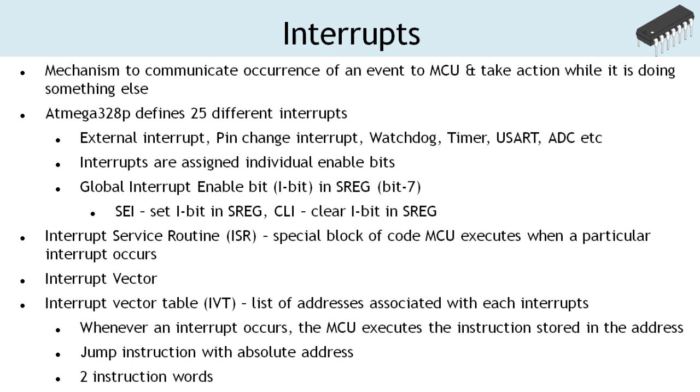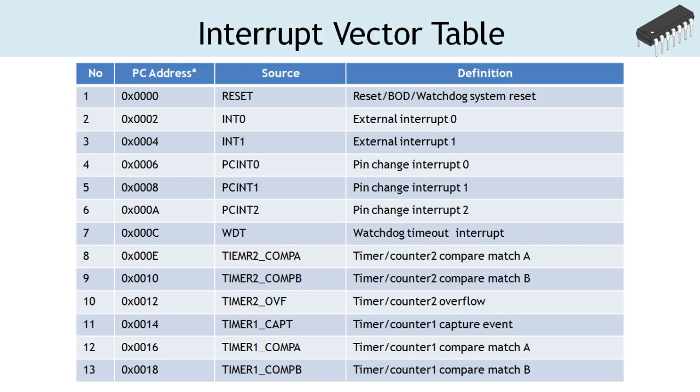The interrupt vector is 2 words long, that is 4 bytes for the Atmega 328 microcontroller, and contains a jump instruction with absolute address. The address points to the location of the corresponding interrupt service routine. The table shows the interrupt vector table which defines the interrupt vector for different interrupts.